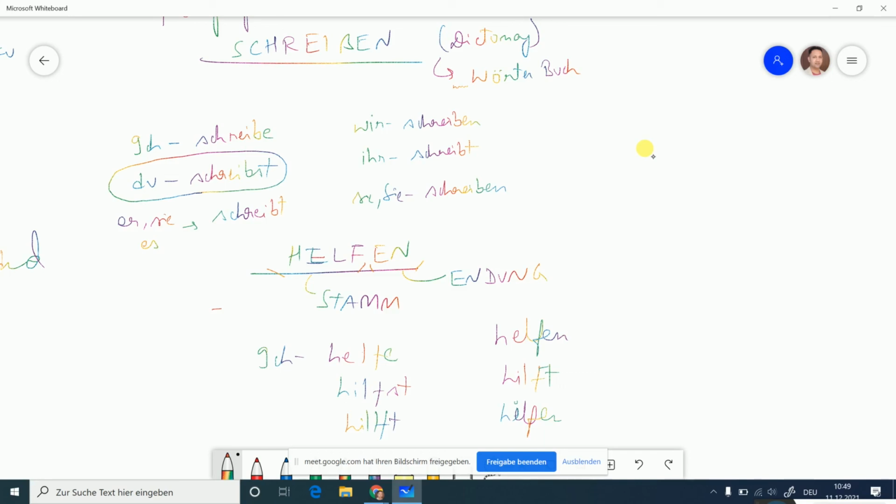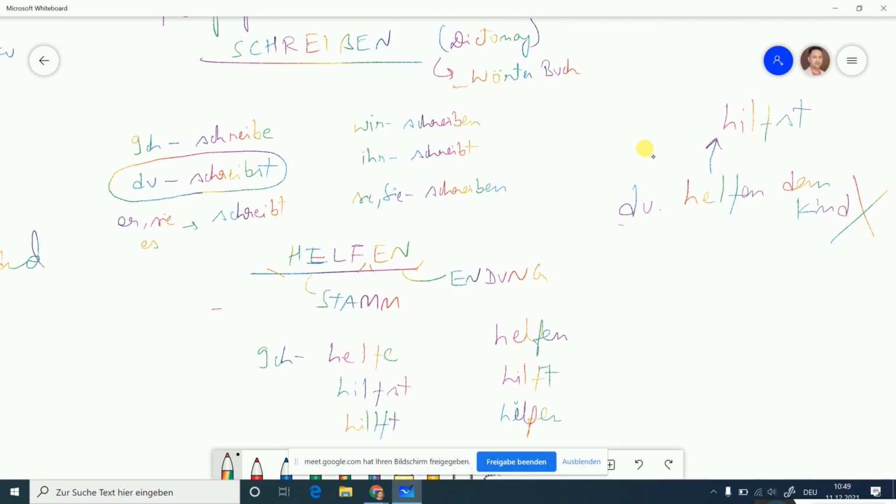So make sure that you don't say du helfen dem Kind. This will be wrong. It should be du hilfst dem Kind. That is, the appropriate conjugation of the verb should be used depending on the case of the sentence.